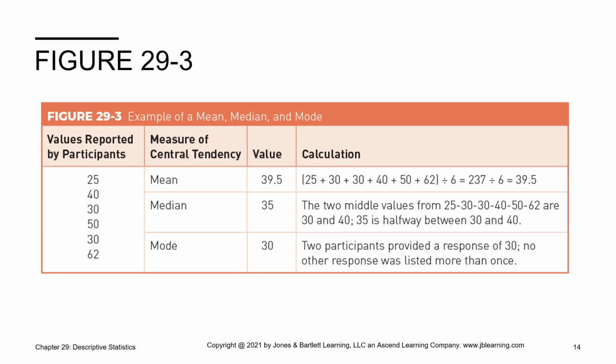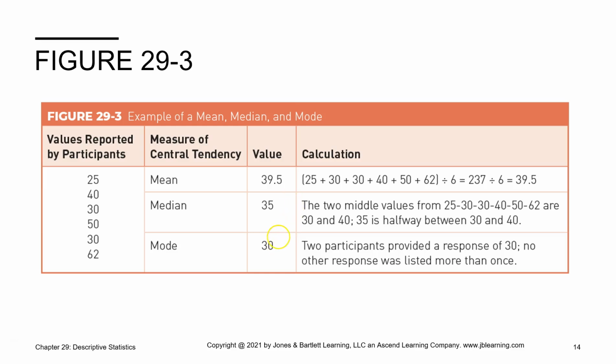Figure 29.3 goes over some examples of how to calculate this. Here we have the values of 6 different participants, and they are not lined up in order. If we did the mean, we would just take all of these, add them together, and divide by 6.